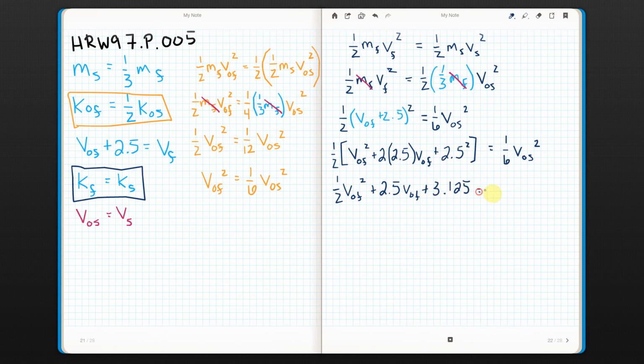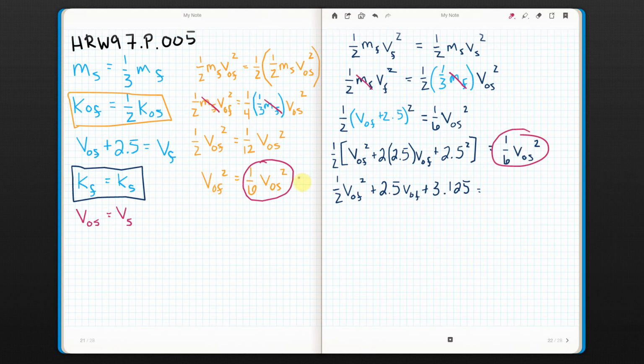Okay, that all equals 1/6 V0S squared, but look over here. Oh, not 1/2, 1/6. Did I say 1/2? I don't know. 1/6 V0S squared, which is the same as this, that equals V0F squared.